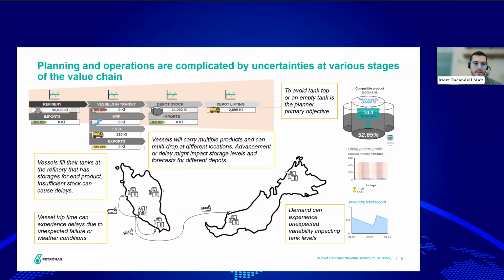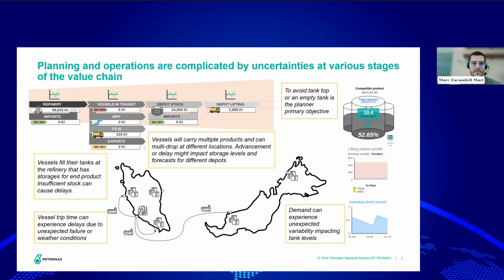Also from the refinery, there are deliveries by pipeline. There is an airport which is kind of close to the refinery, so some products are delivered to the airport by pipeline. Then there's also truck lifting, and there's also exports. All of this is located at the refinery site. Then once these vessels travel to the different locations or depots, the product is stored in tanks.